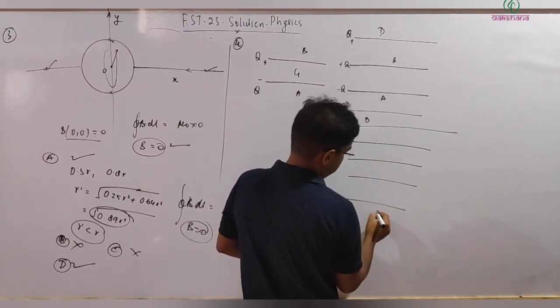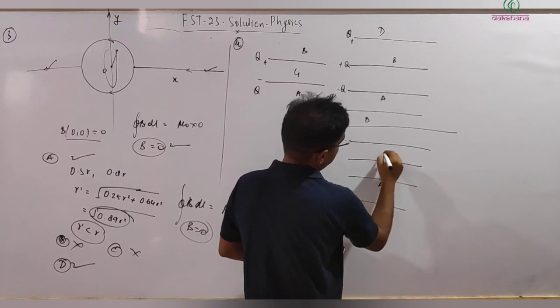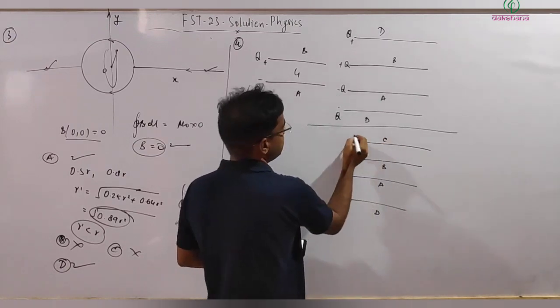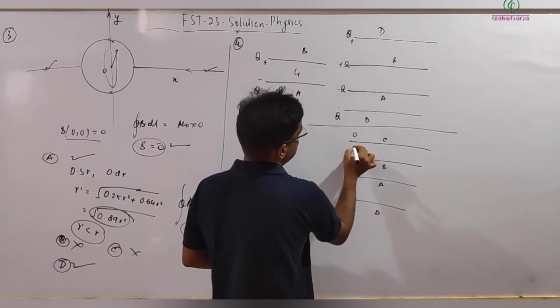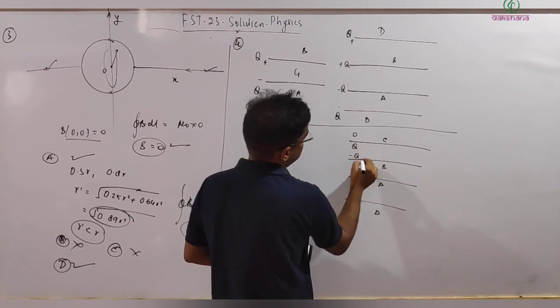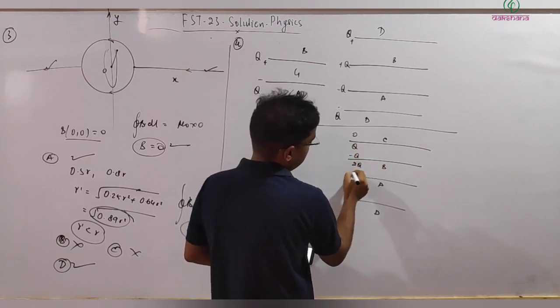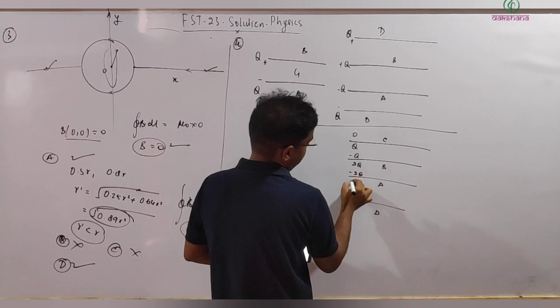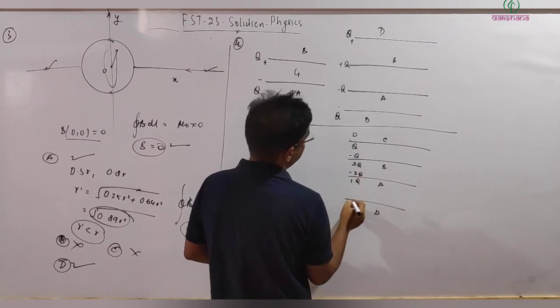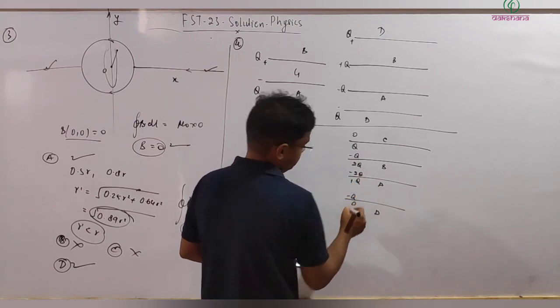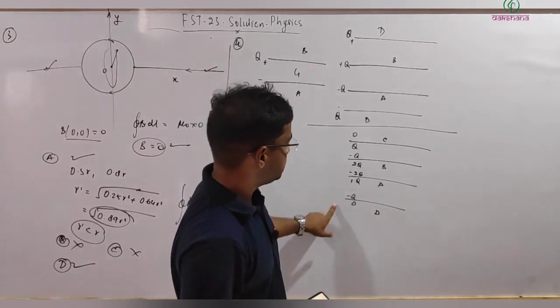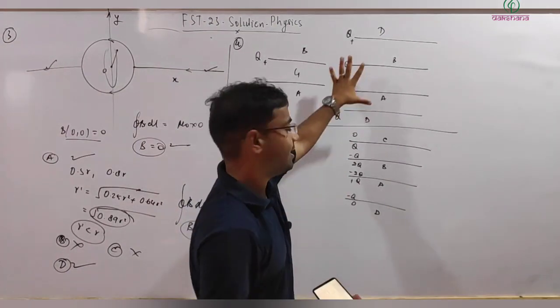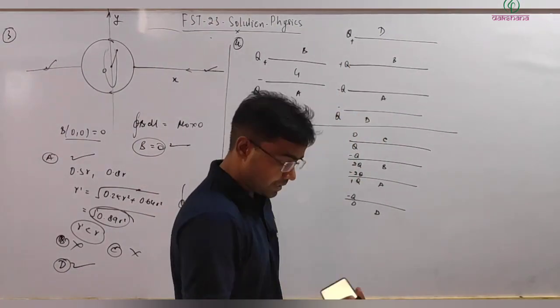So this is D, A, B, and C. On this plate it will be 0, here it will be plus Q charge, here minus Q, here minus 2Q, then plus Q, then minus Q, and 0. That will be the charge distribution finally after everything settles down.